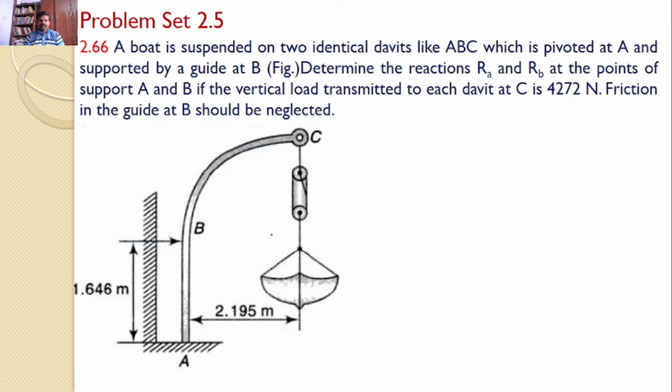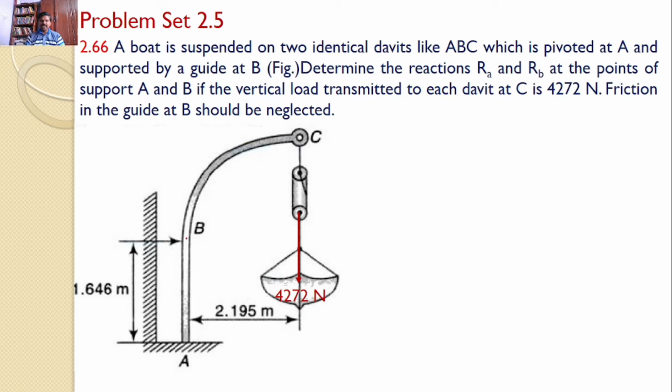That means our interest is to find the reactions at A and B if this davit is transferring a load of 4272 newtons. Let us draw the free body diagram of this davit.